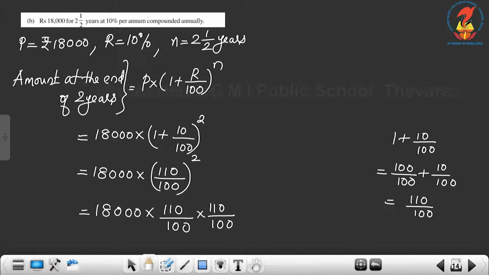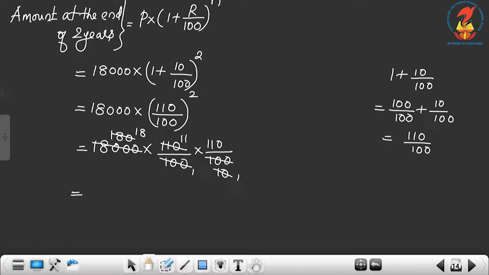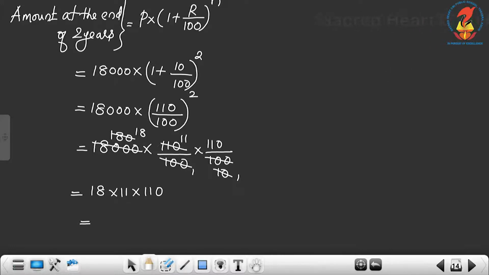Now we can cancel with the 100. So you will get 180. Then with the 10, here you will get 18, and the other 10 and 100 gives 11. So it is equal to 18 into 11 into 110, that is, 18 into 1210, or 121 into 18, which you can find out.